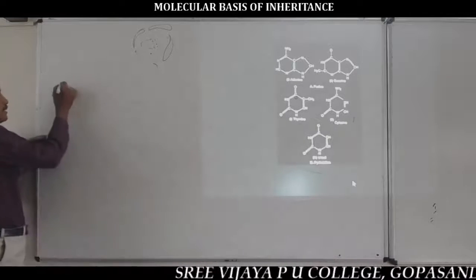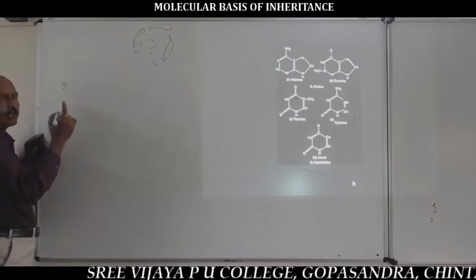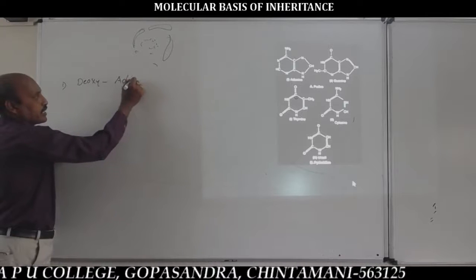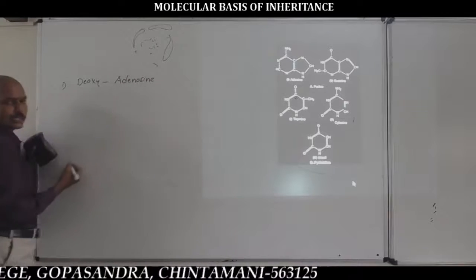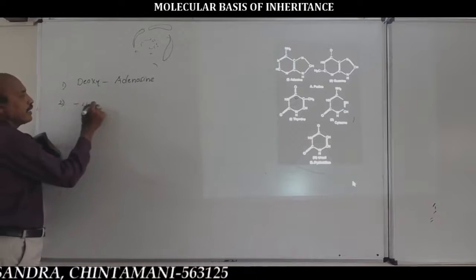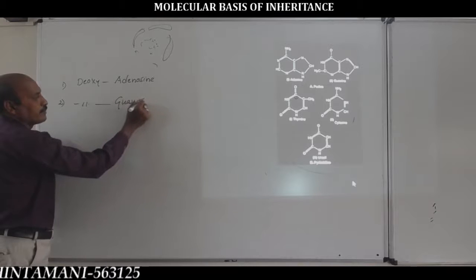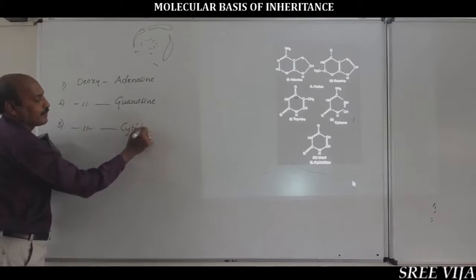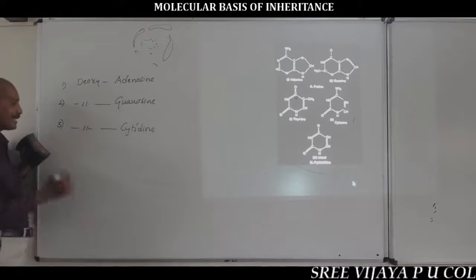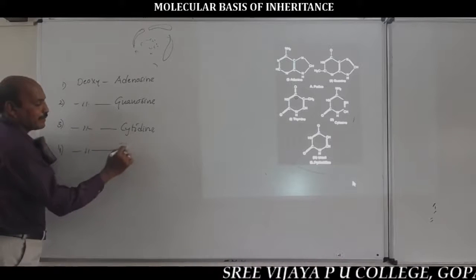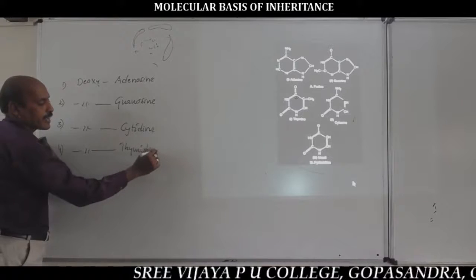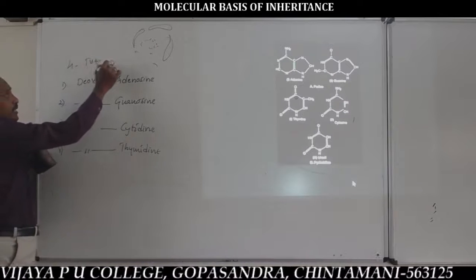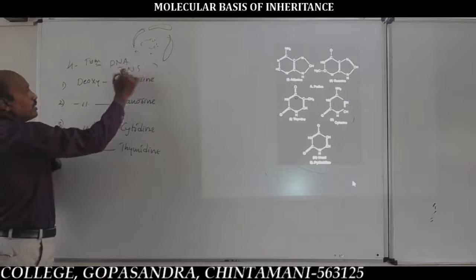You should remember DNA contains 4 types of nucleosides: deoxyadenosine, deoxyguanosine, deoxycytidine, never cytosine, deoxycytidine, and deoxythymidine are the 4 types of DNA nucleosides. Important for one more question: DNA nucleosides.